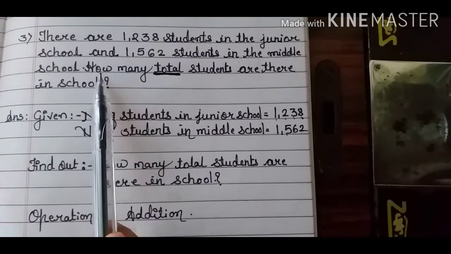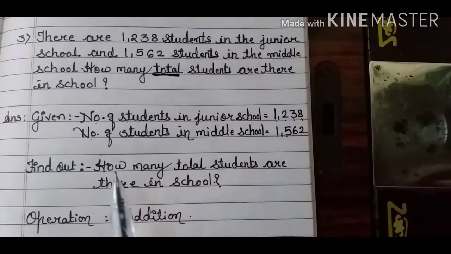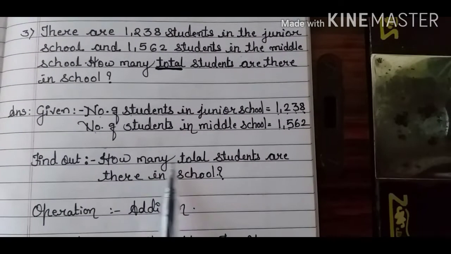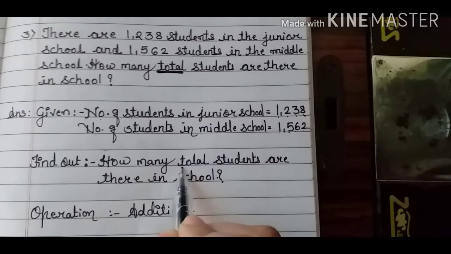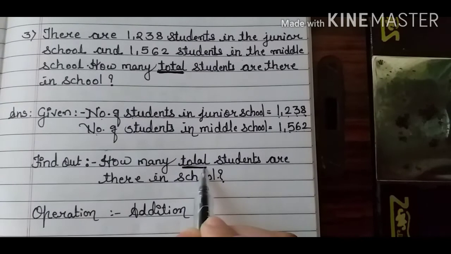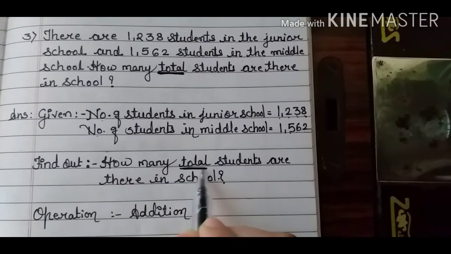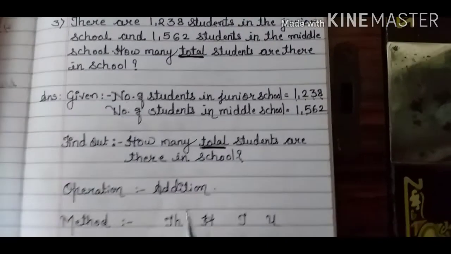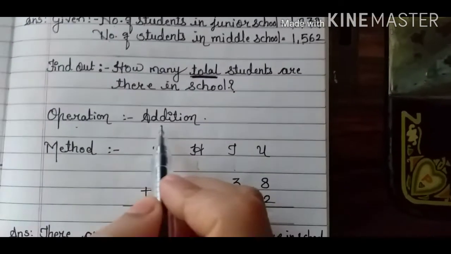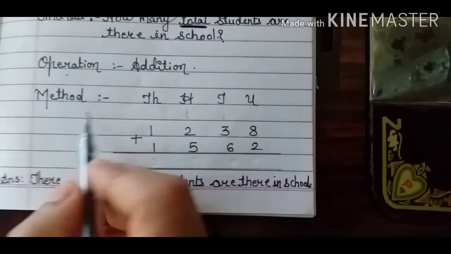See in our question, how many total students. So in find out you have to write how many total students are there in school and just underline the keyword again, total. So from this word again you have to know that what we have to do is addition. So our operation is what? Addition.